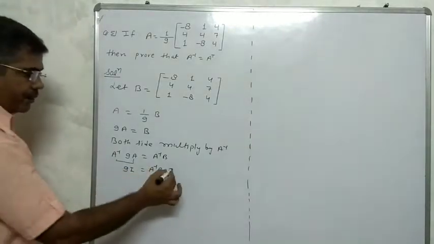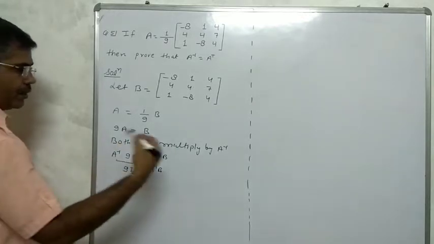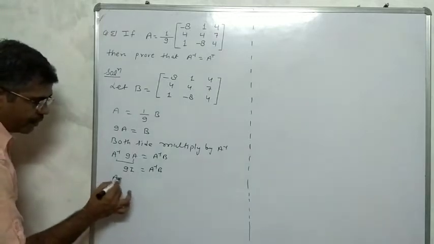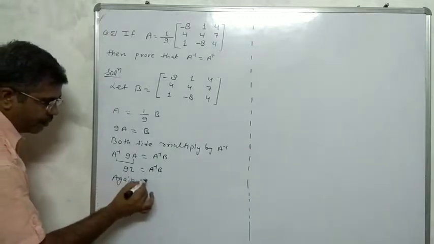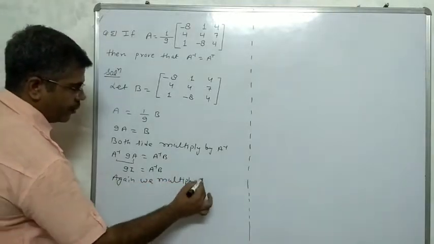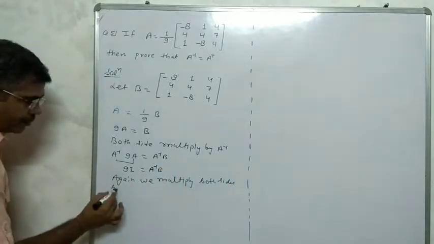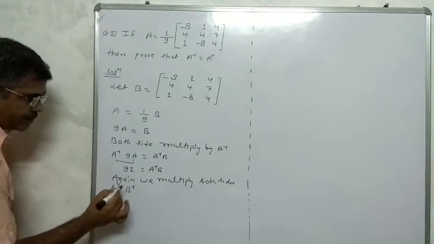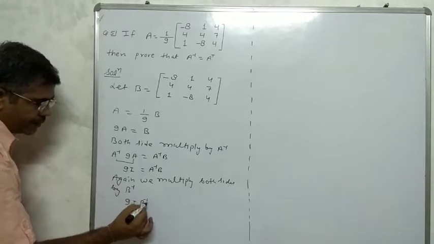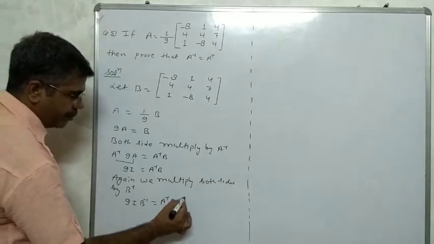Again, we multiply both sides by B inverse on the right side. 9I into B inverse equals to A inverse into B into B inverse.